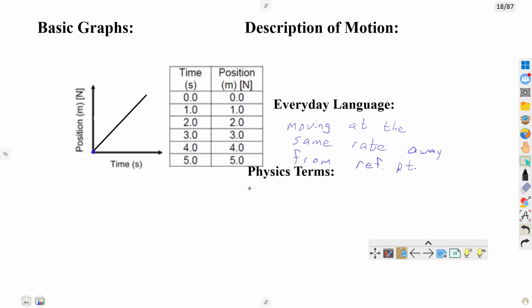Now, in physics terms, because this line is straight and we're changing position by the same amount every second, we would again, in physics terms, call this uniform motion. However, now we can say that this is happening in a positive direction.